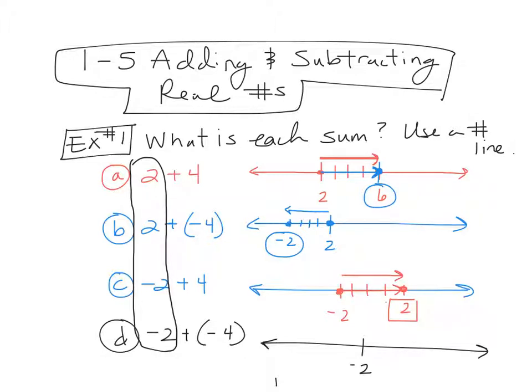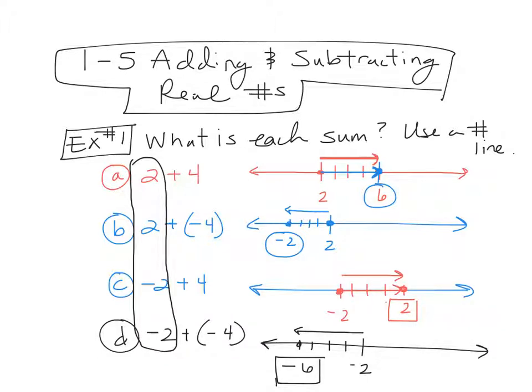Right or left? You're going to go to the left, right? Because it's a negative 4. So 1, 2, 3, 4 to the left. If I'm at negative 2, this is negative 3, negative 4, negative 5. This point right here would be negative 6. Okay, so you're moving 4 to the left and you end up at negative 6, okay?